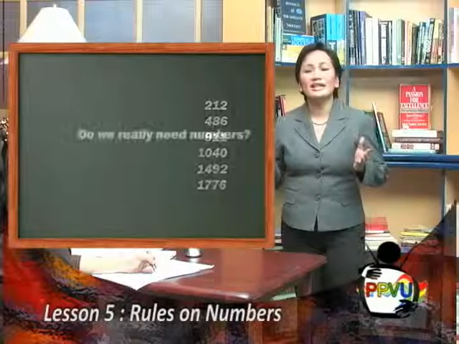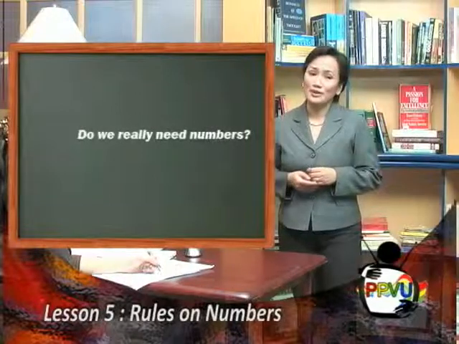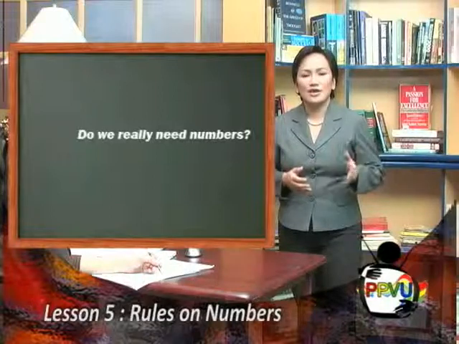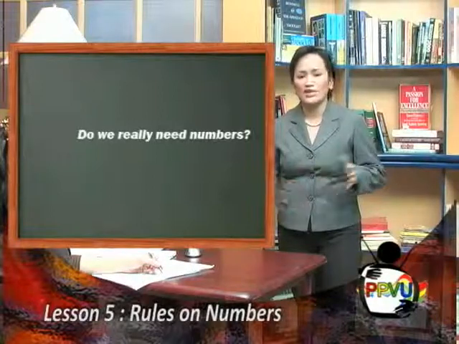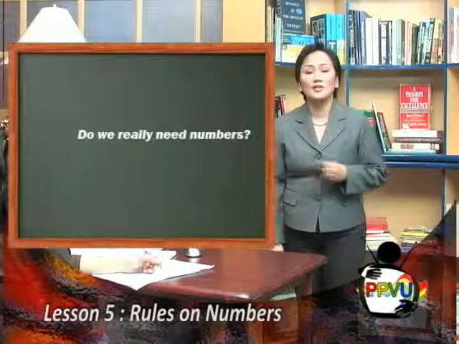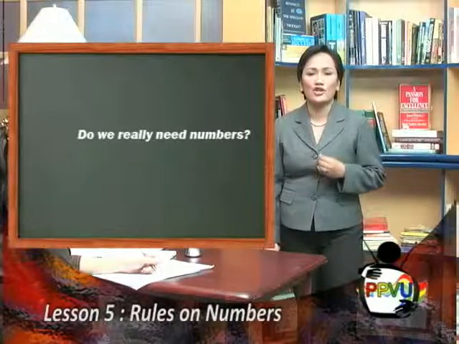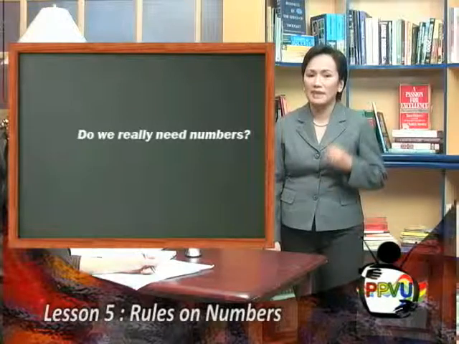Do we really need numbers? Like most people, initially number meant whole numbers, 0, 1, 2, 3, and so on. Whole numbers make sense. They provide a way to answer questions of the form, how many?